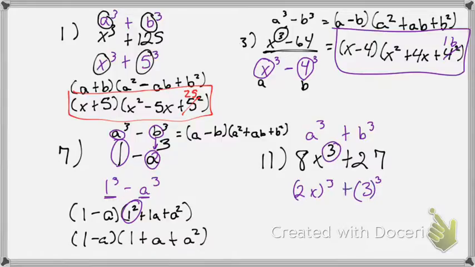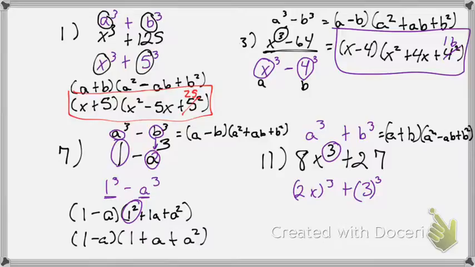So we just really need to know the formula, which would be a plus b for the same, and then we have the opposite, a squared, minus ab, and then we have the always positive, so plus b squared.